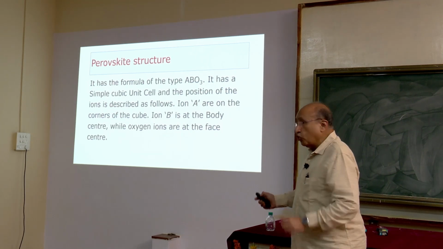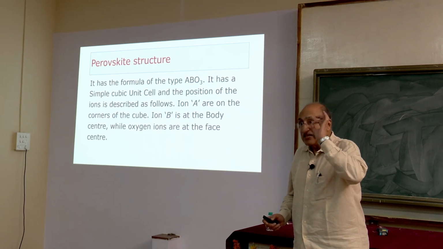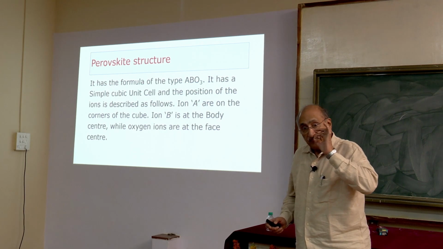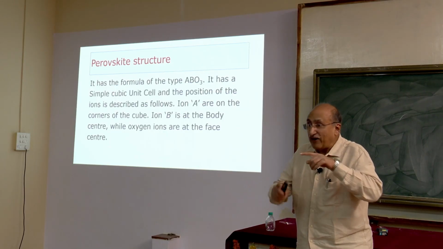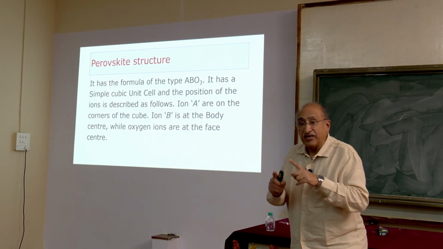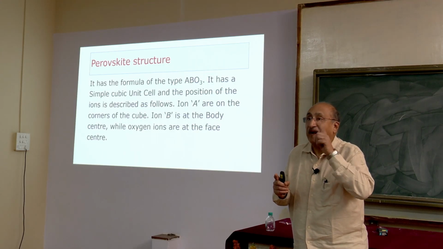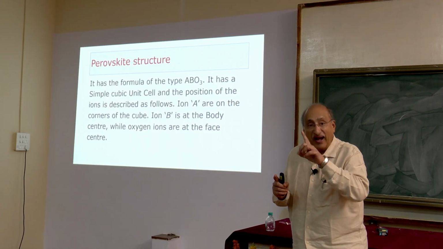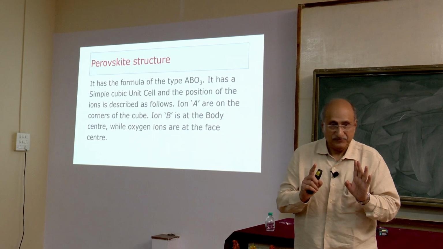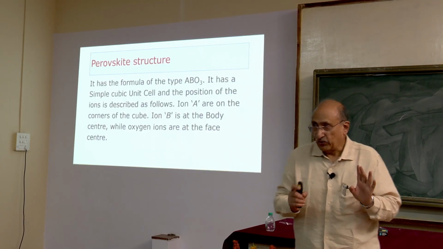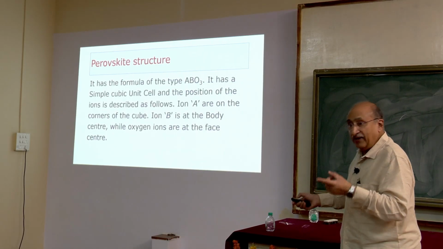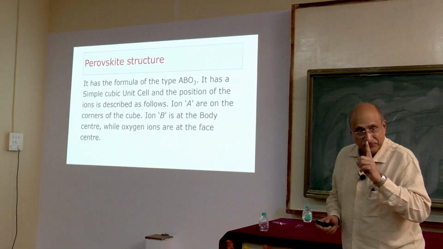So, there are 8 cubes for which this particular point is a corner. So, effectively, on the average, because there are 8 such corners, each of them contributes 1/8. So, there is only one atom per unit cell. Okay. And here in ABO3, there is only one atom A.